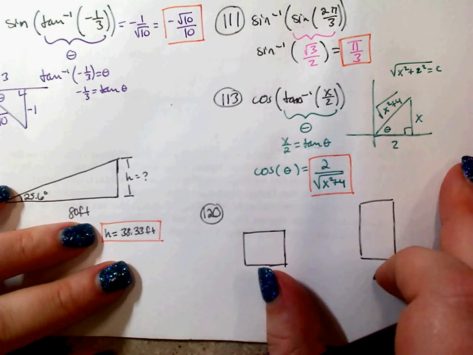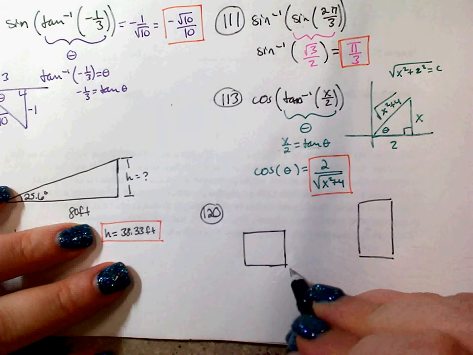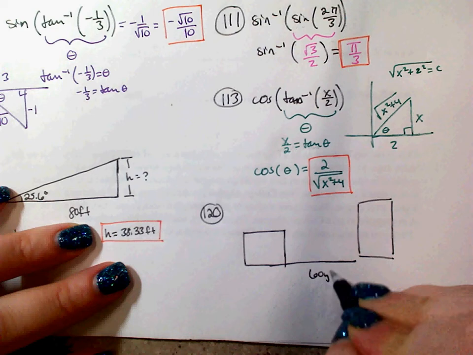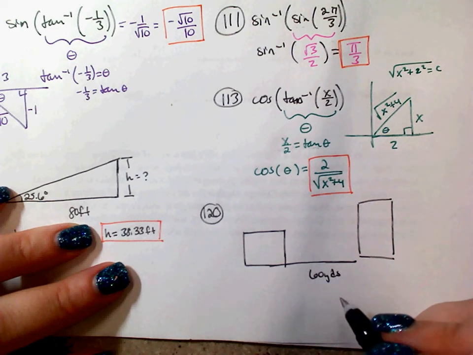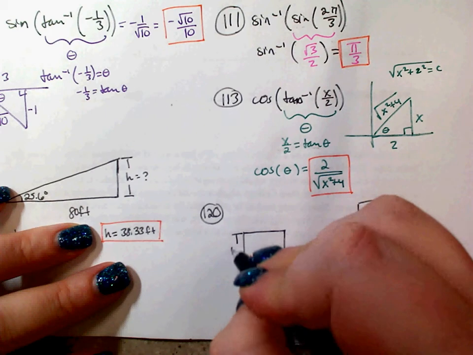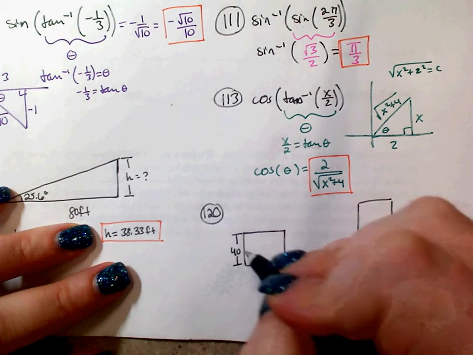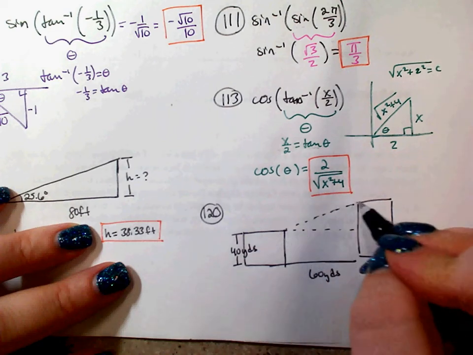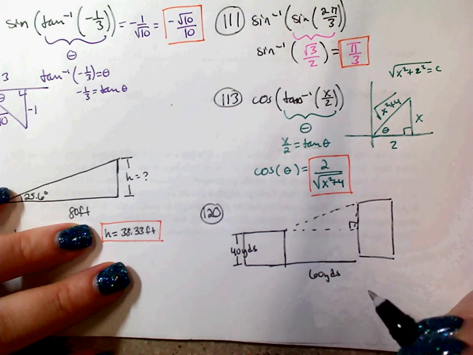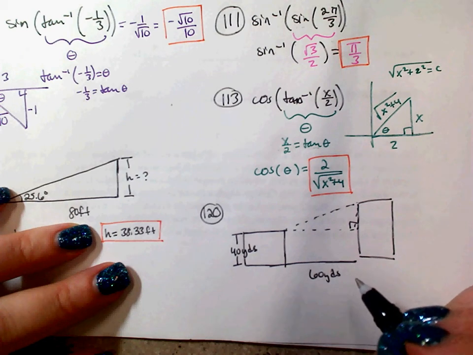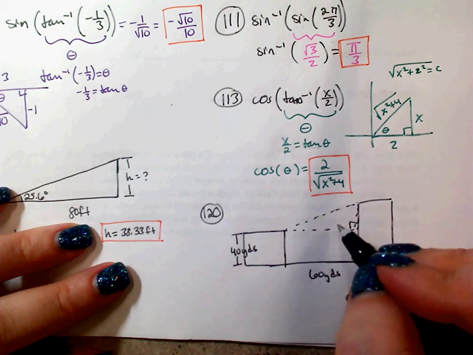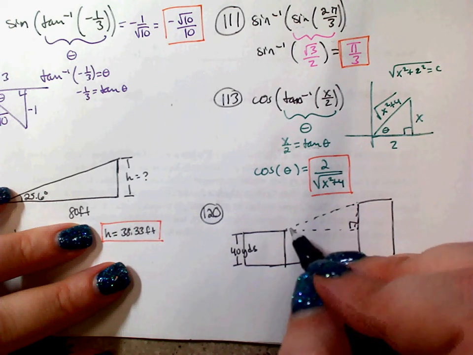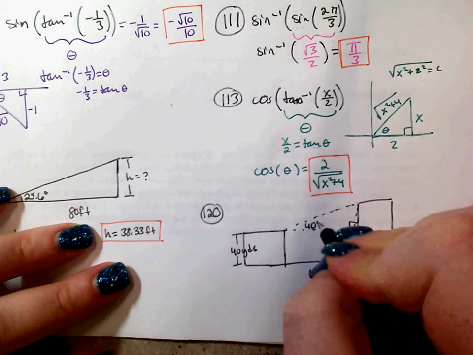These are 60 yards apart, and the height of the shorter building is 40. The angle of elevation from the edge of the roof of the shorter one to the top is 40 degrees. Find the height of the taller building.